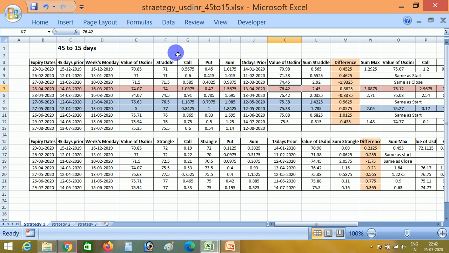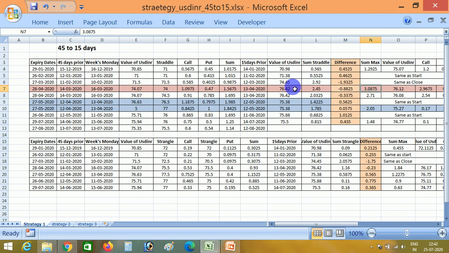This future is already trading at 76.42. So the sum of the straddle is 2 rupees 45 paisa. We sold that straddle at 1 rupees 56 paisa, so we are definitely in a loss of 88 paise. And the maximum value within a span of 30 days has gone to 3 rupees 8 paisa.